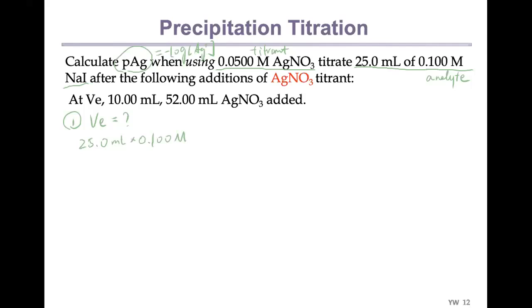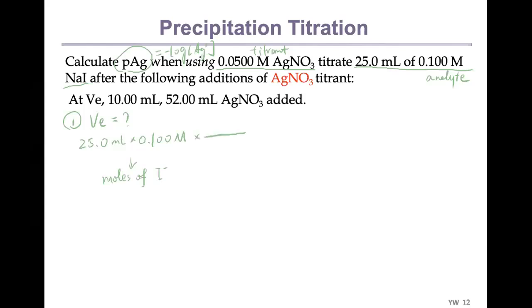What is the moles? This is moles, right? The moles of what? Moles of the analyte. This is the moles of iodide, right? And the iodide and the silver is a 1-to-1 ratio.